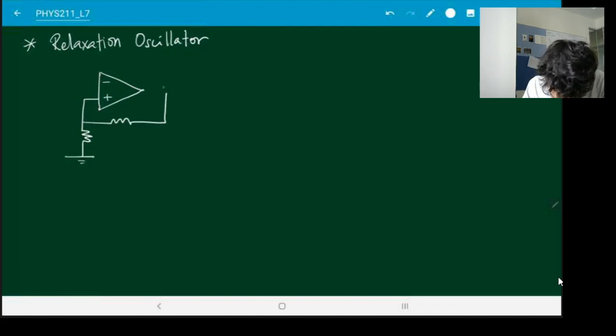So the circuit for this looks like this: minus, plus. Here is your positive feedback loop.